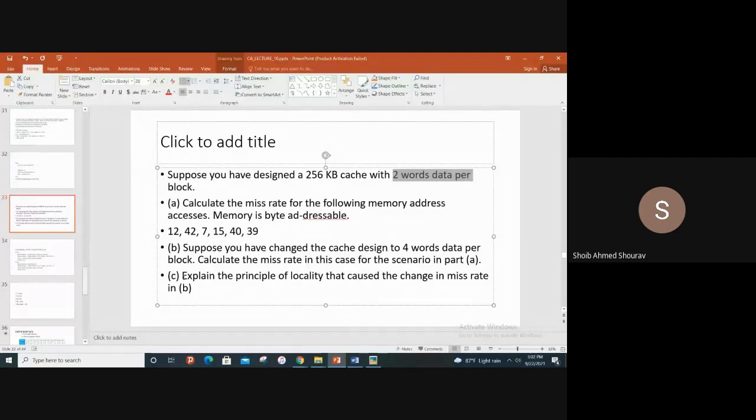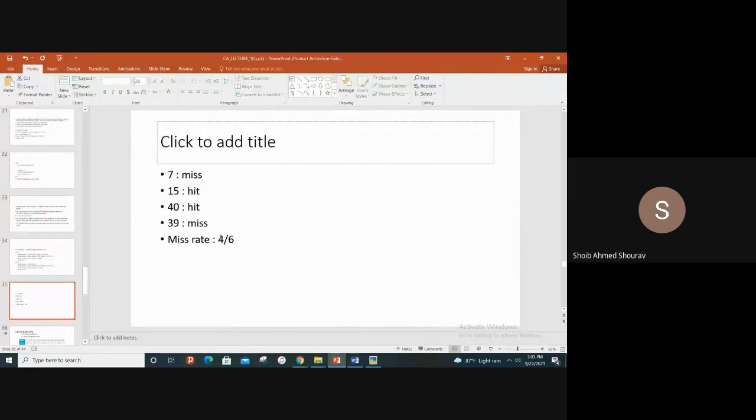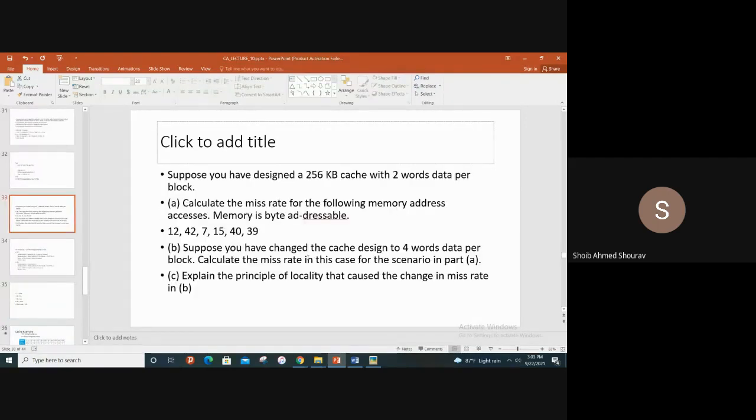Okay, and then for question number C, I'm not going to give you the answer until you finish submitting the assignment, because this is your assignment. I'm not going to give you the answer of your assignment. You have to do it on your own. There will be a change in the miss rate, because in this example the miss rate is 4/6. In question number B, the miss rate will not be 4/6, it will be something else.